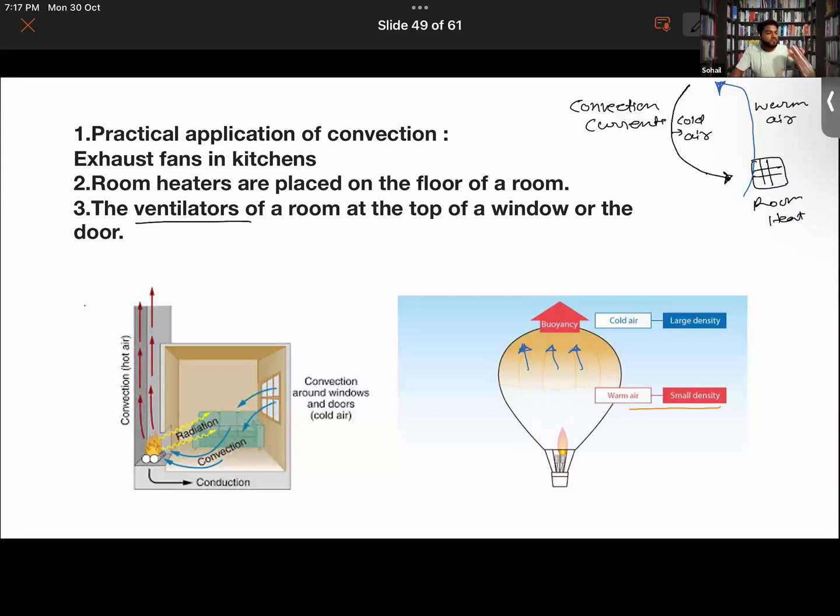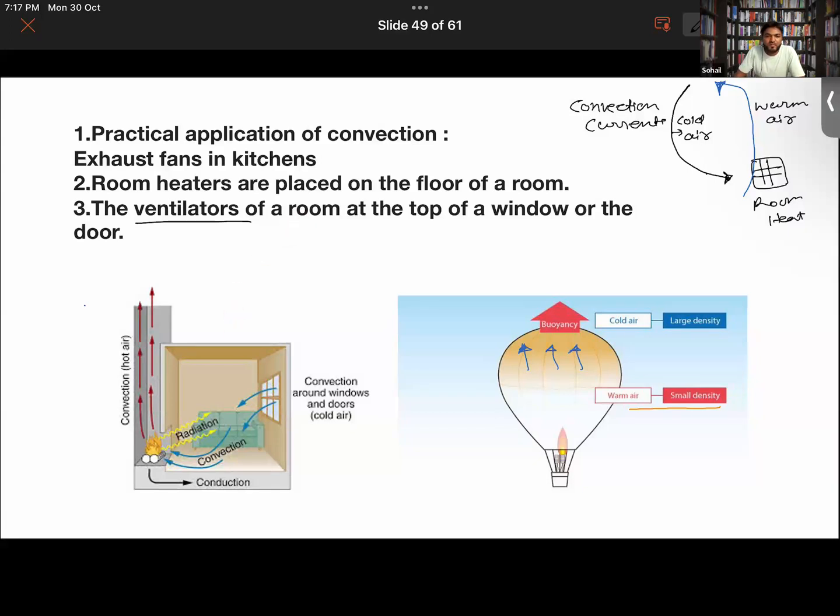Why do we do this? Sir, give me a few minutes to think. Okay, meanwhile, Tenzin, what about you? First of all, both of you turn your cameras on. Sir, I did not understand this topic. Okay, the simple question is: why are ventilators placed in the top part of the room?